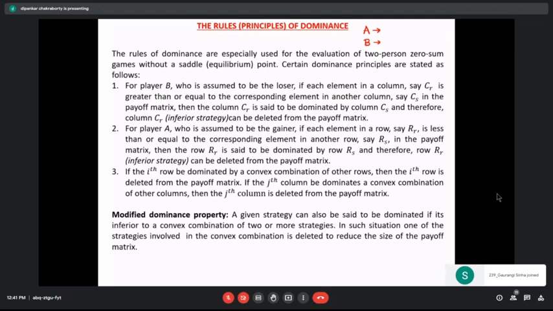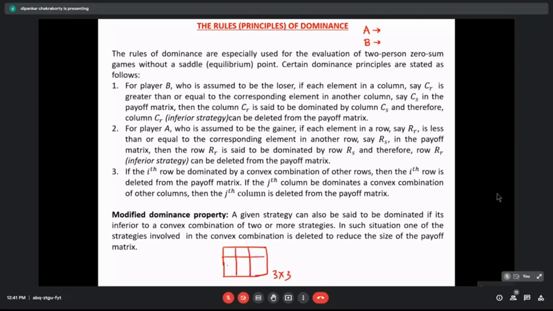What is the meaning of that? Suppose I consider a 3x3 game. Suppose B has 3 strategies and A also has the same number of strategies. Now let us consider the two columns C1 and C3.